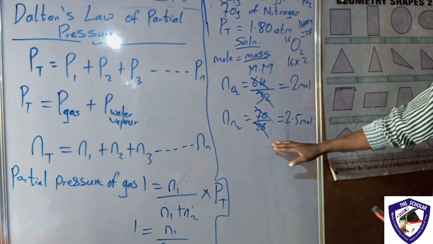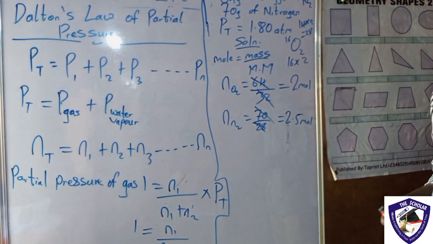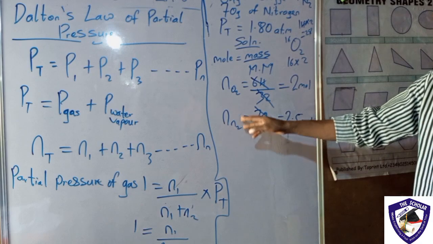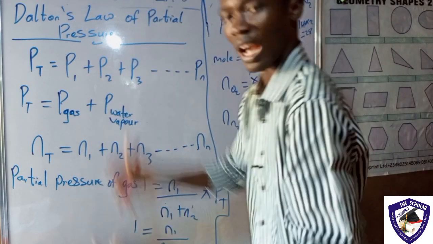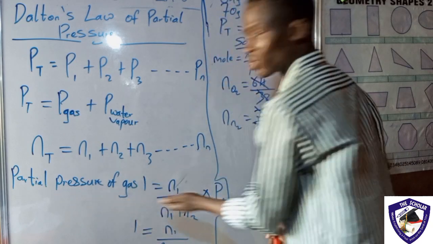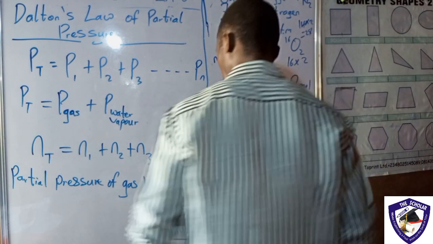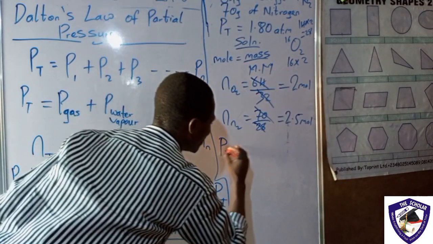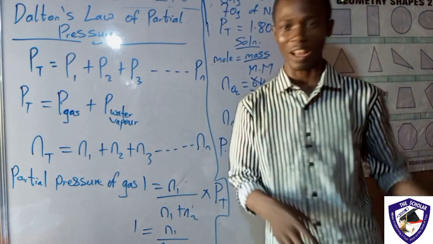Now, after calculating this, you will now calculate the total number of moles. Or instead of calculating it, we can just go direct. Now, partial pressure of what? Of oxygen. The question asks us to calculate partial pressure of oxygen. So we can say PP. Don't mind me, I like giving acronyms to something.